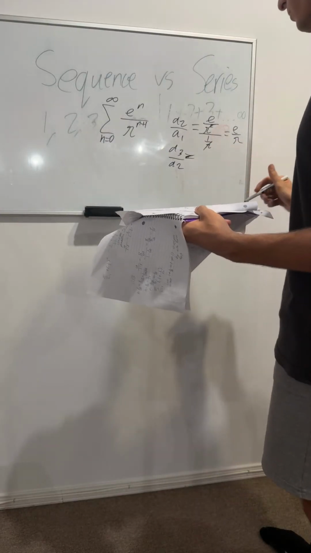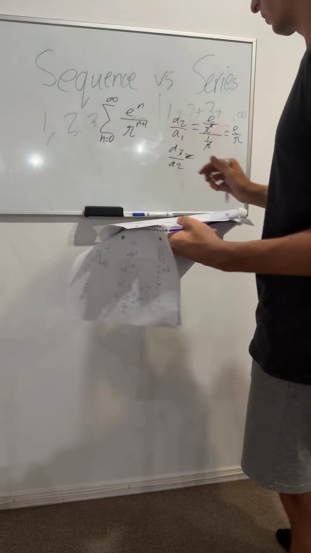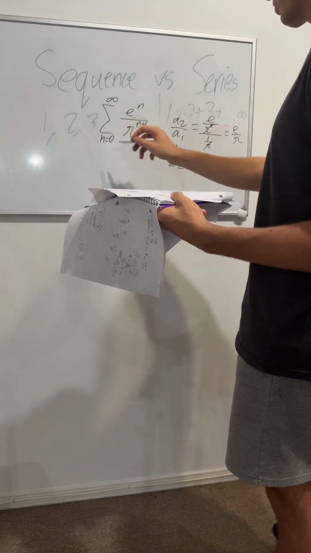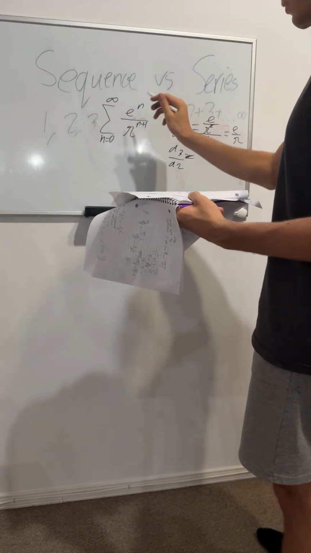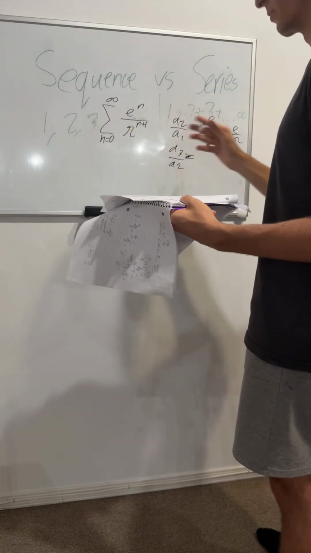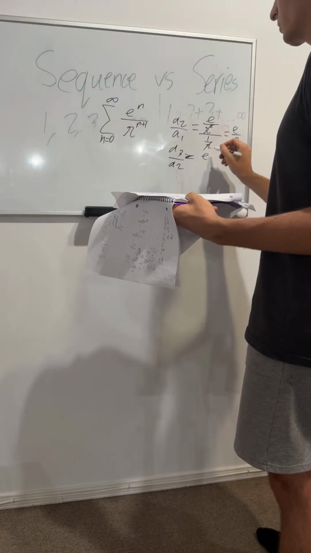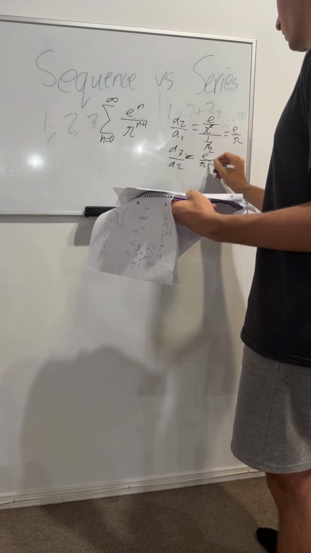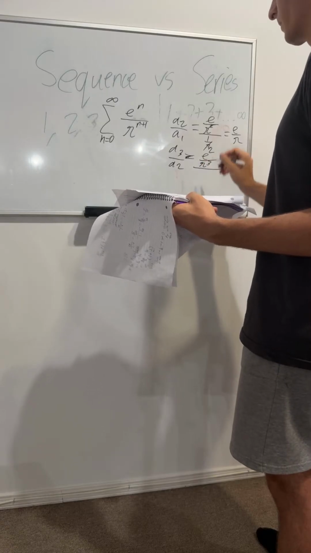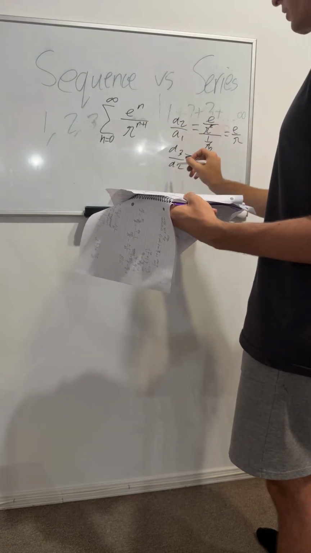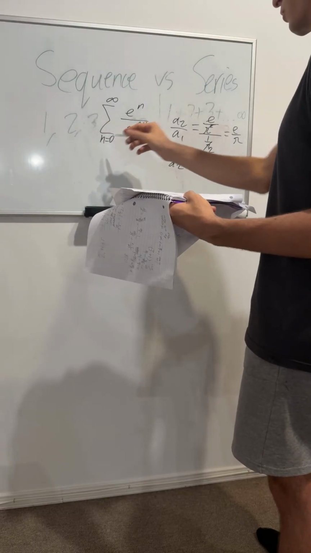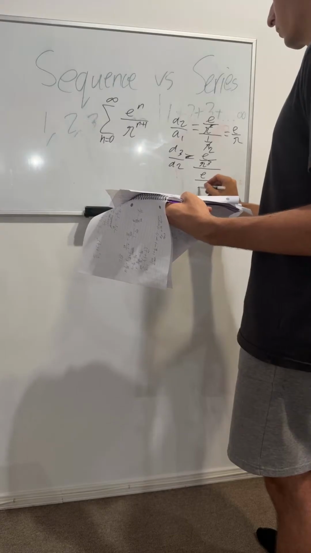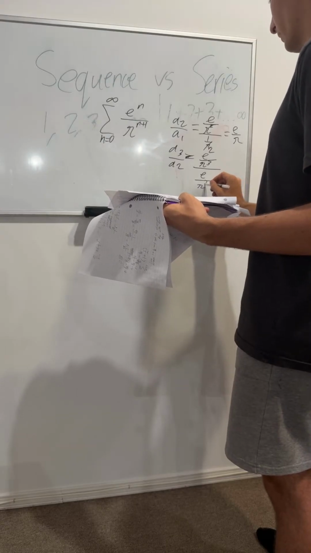So I'm trying to do equals. Didn't come out how I liked it, but it's okay. So the third term in this series, 3. No, it's not 3, it's 2. So you plug in e squared over pi cubed over the second term of the series, so we do 1. E over pi squared.